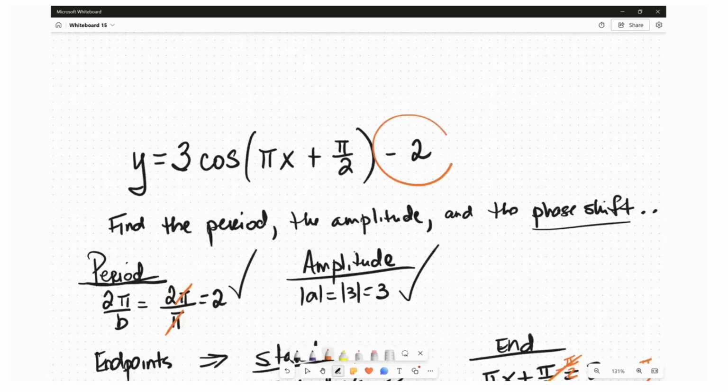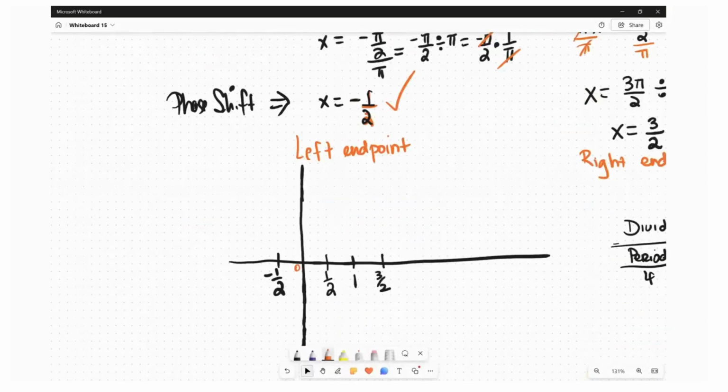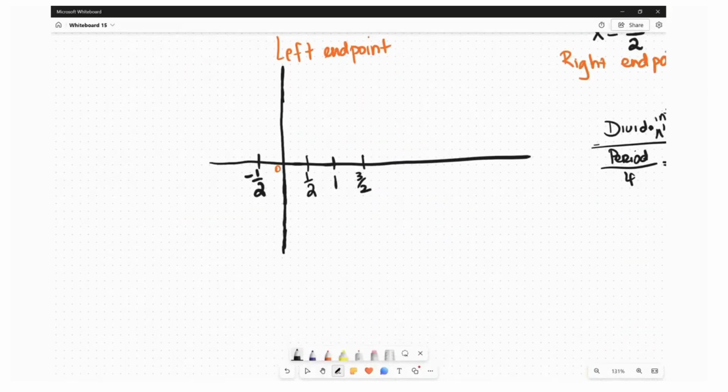From this part right here, this is a vertical shift, down 2 units. So I'm going to create a little dashed line at, let's just say that's negative 2. Let's do a little dashed line right here.